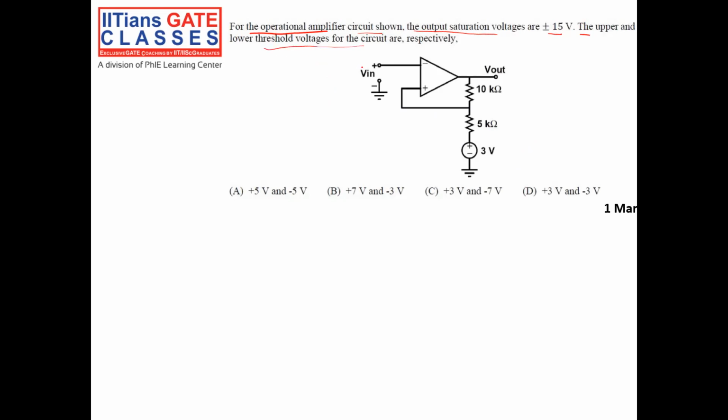First, let us understand what it means. Since there is feedback from output to the positive terminal, it is operating in positive feedback. When an op-amp operates in positive feedback, it behaves like a comparator.